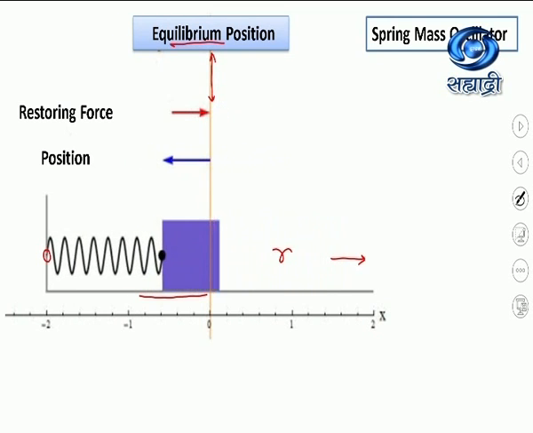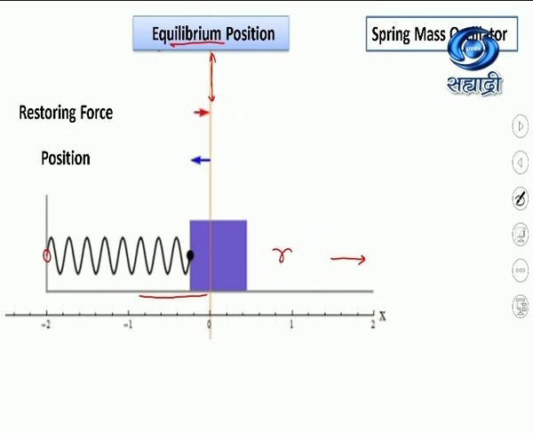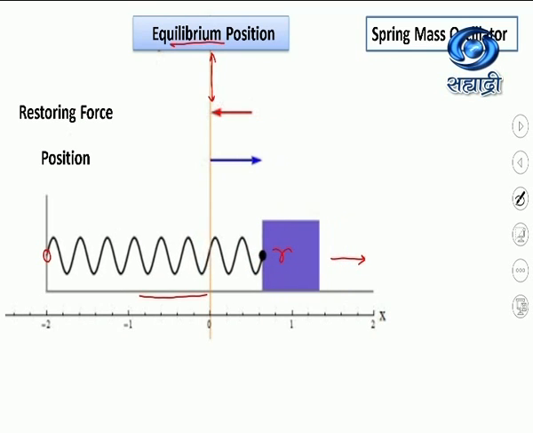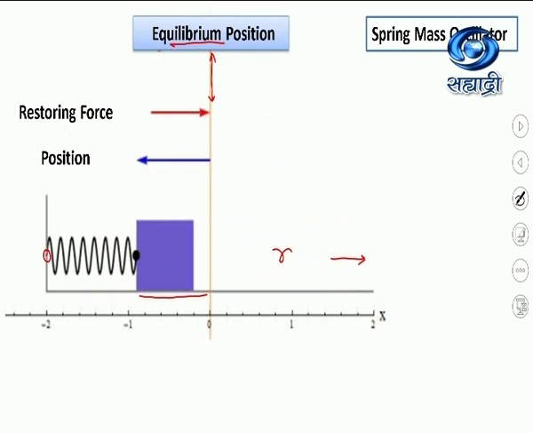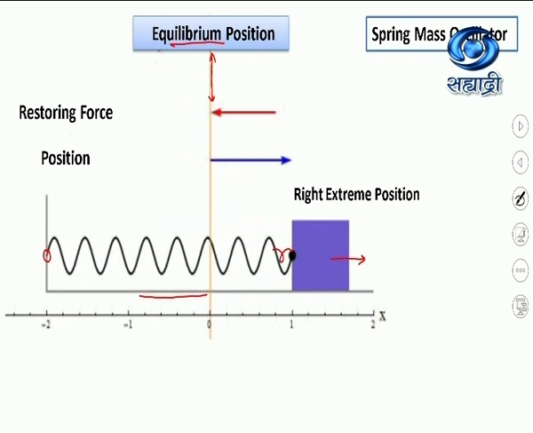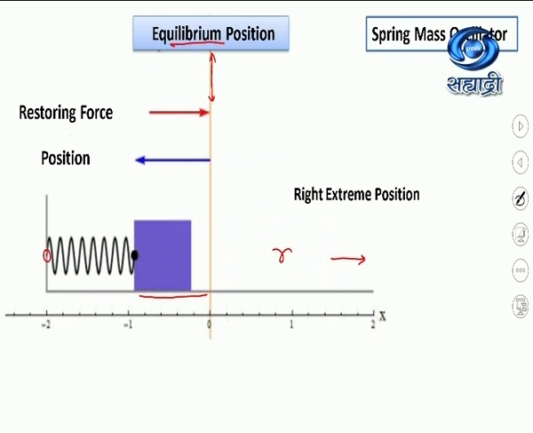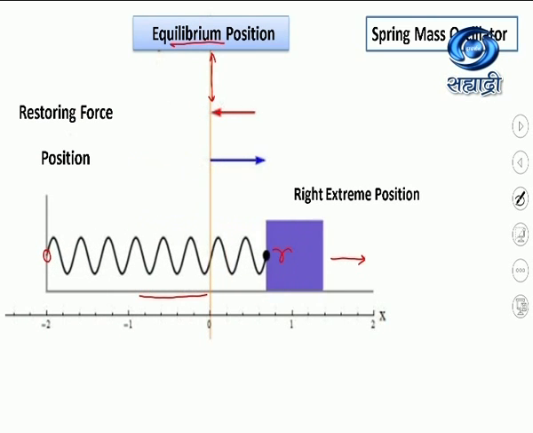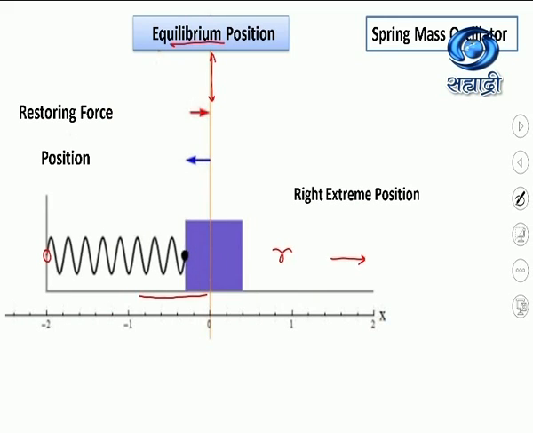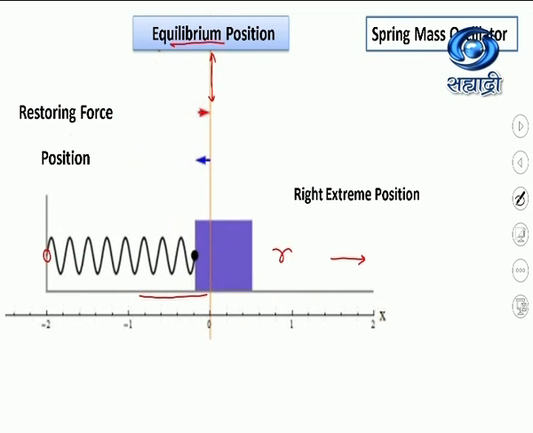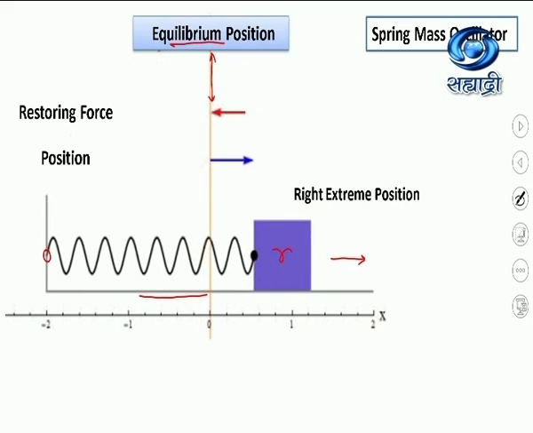So more is the force acting on the block, more is the displacement of the block. So here what happens is the position up till which the block is stretched and from that position it is released, that is called the right extreme position.